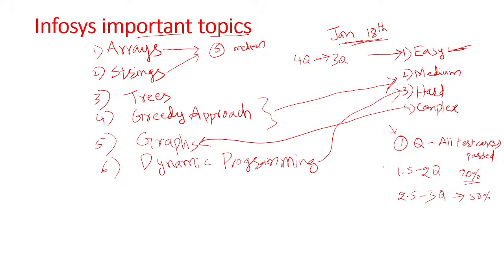This is how you should aim. Even if you can solve one question completely in the 3 hours of time you will have, that's enough. You will get an interview call.